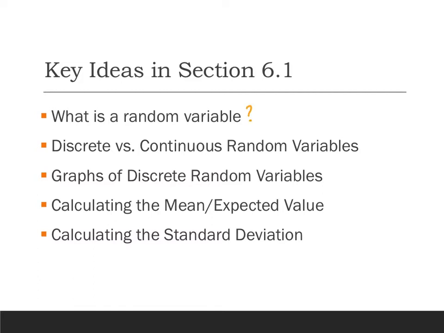And then we'll also see some different uses of the idea of discrete versus continuous. We learned these words in chapter 1, and they're still going to have a similar meaning, but it's going to be slightly different when we're talking about random variables.